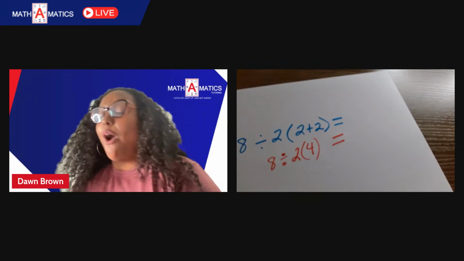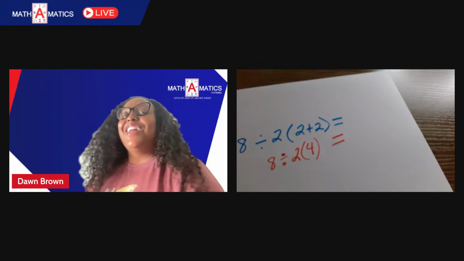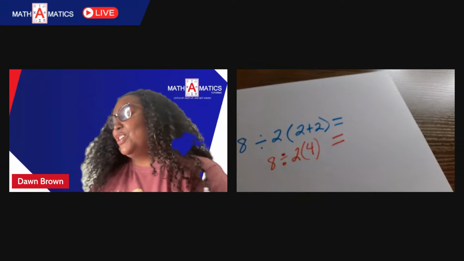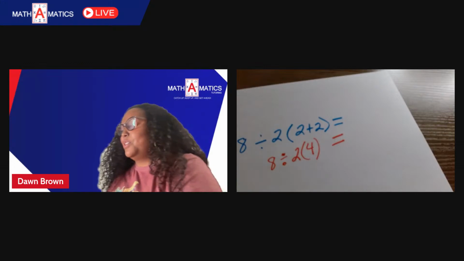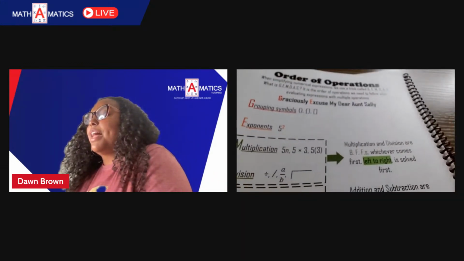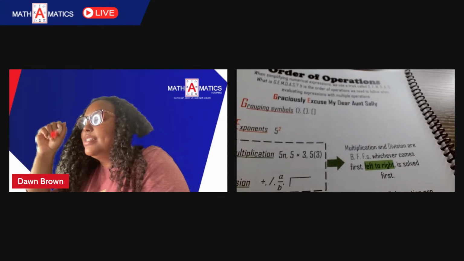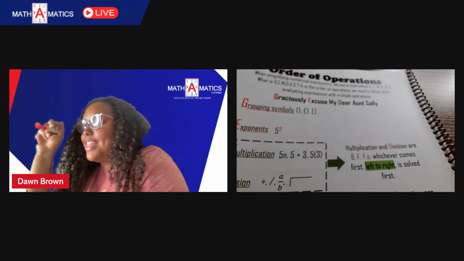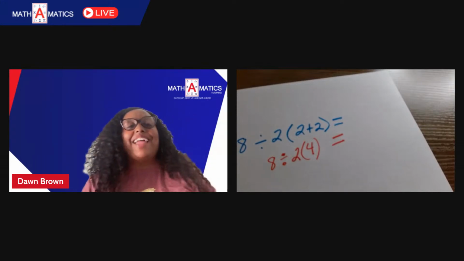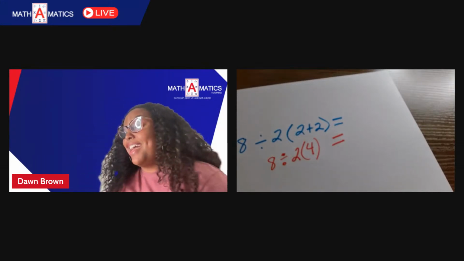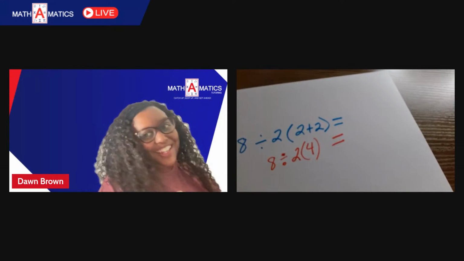So I think the argument here is, do we follow the order of operation steps, which says multiplying and dividing, and that you go from right to left? That is the argument. Which would we do? Will we go right to left, or will we multiply this 4 by the 2 is the question.